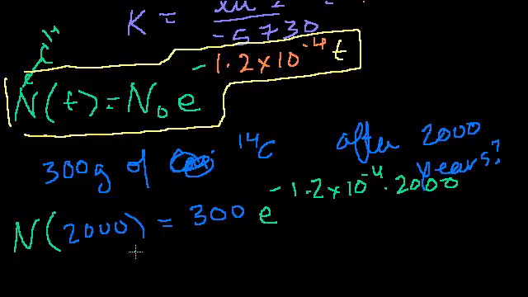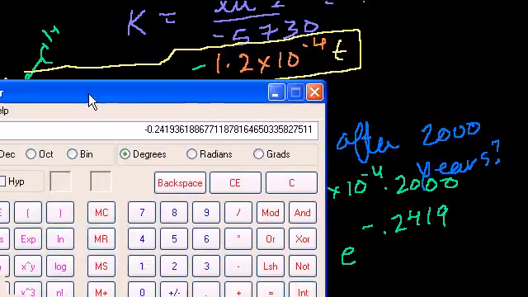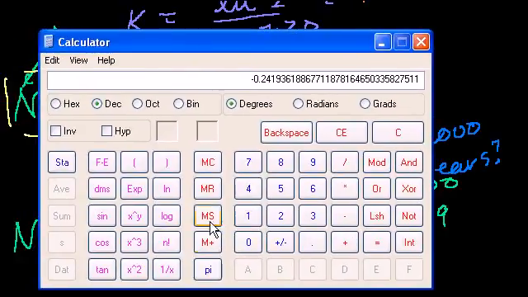And I have to raise e to this power, so it's 0.241. So N of 2,000, the amount of the substance I can expect after 2,000 years, is equal to 300 times e to the minus 0.2419. My calculator doesn't have an e to the power, so let me just take e. I need to get a better calculator. I should get my scientific calculator back.